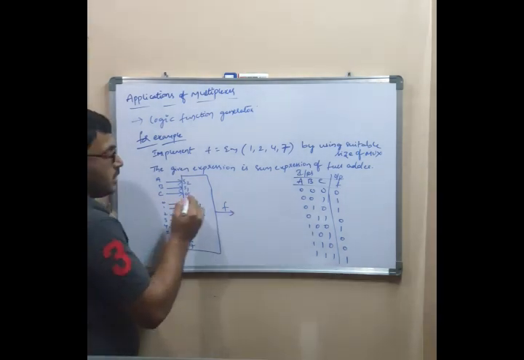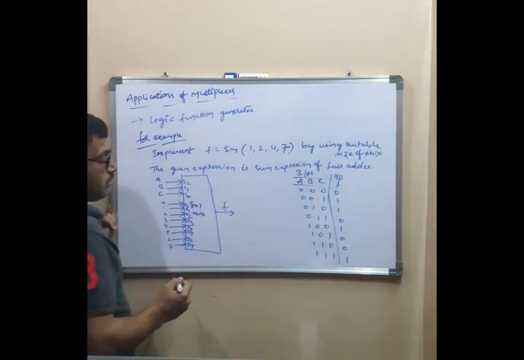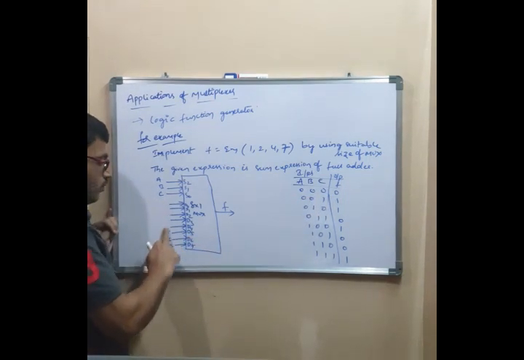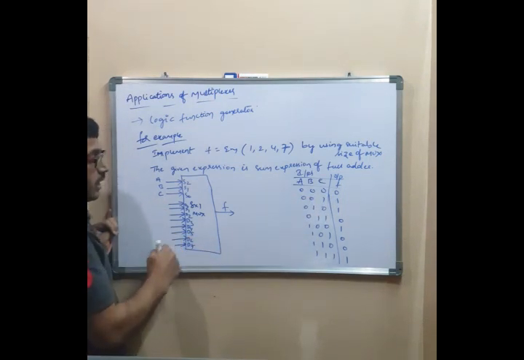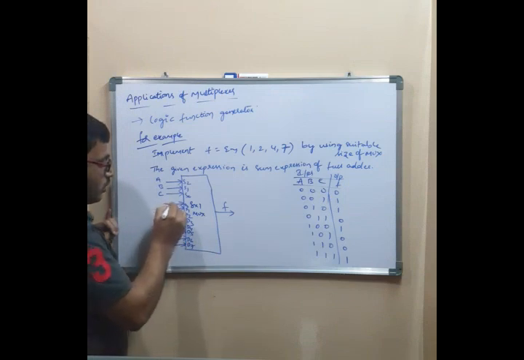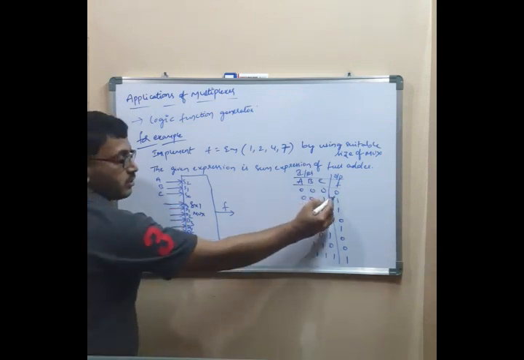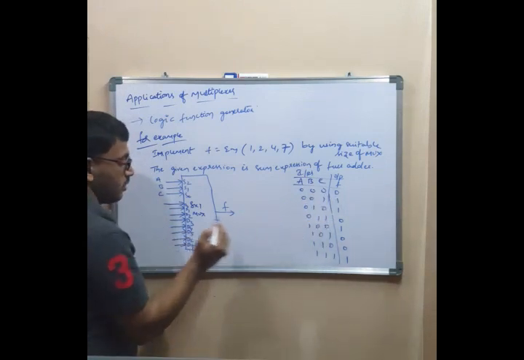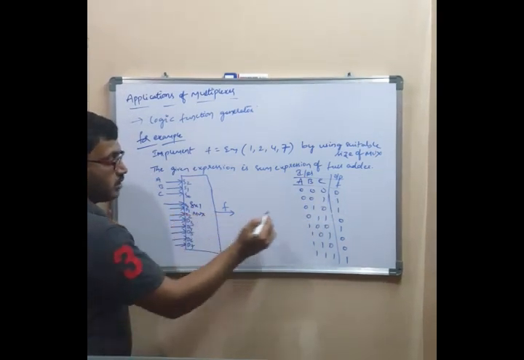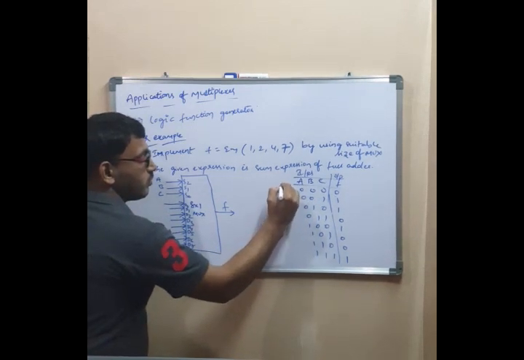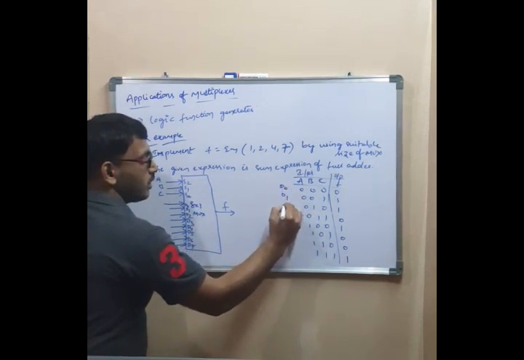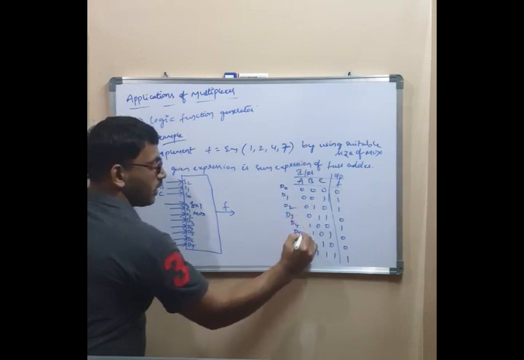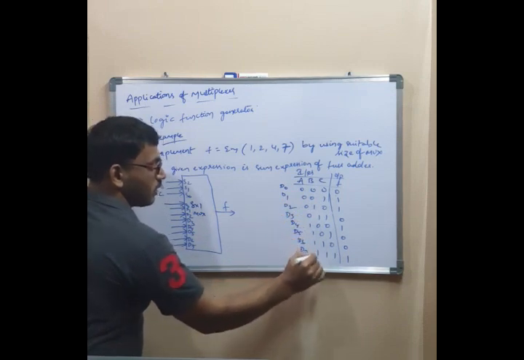So when ABC, that is S2, S1, S0, are 0, 0, 0, a 0 has to be placed, right? What I will do here is I will connect zeros to D0. Wherever there are zeros in the output column, I will connect zeros to those minterms, to the data inputs D0, D1, D2, D3, D4, D5, D6, D7.